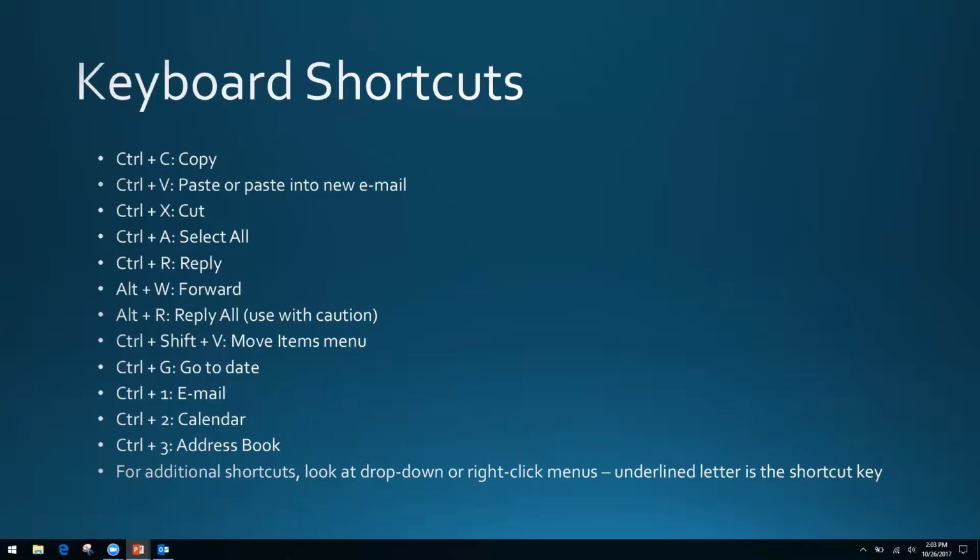So most people probably know there is the keyboard shortcut Control-C for copy, Control-V for paste, Control-X to cut, Control-A to select all. What's neat about Control-V is that if you copy a line of text or a block of text and then use Control-V, it will immediately pop open a new email window. So you can select the text, open a new email without having to click a bunch of buttons.